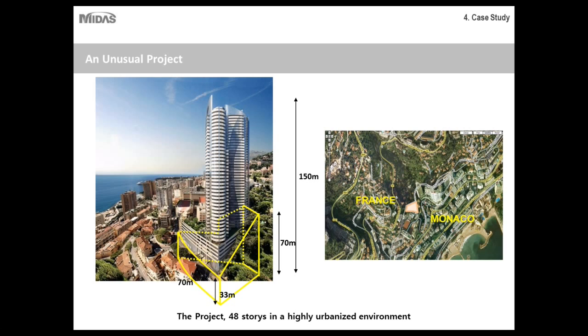Once completed, this building would be the tallest building in Monaco and one of the tallest buildings in France. We have 70 meters of excavation that is underground, and the total story height is 150.